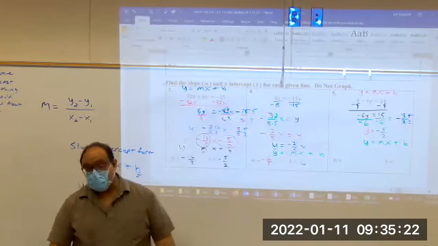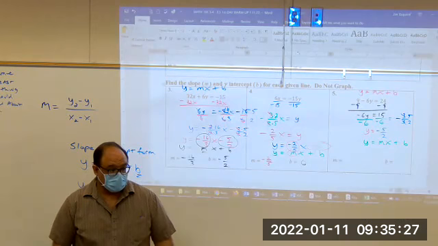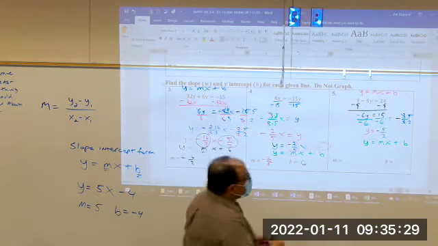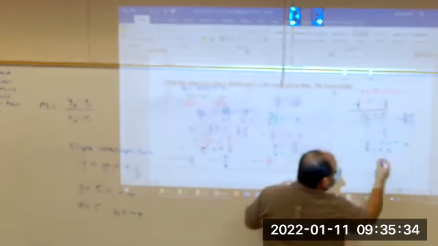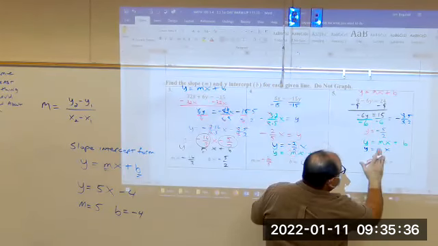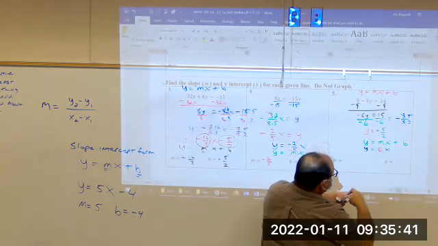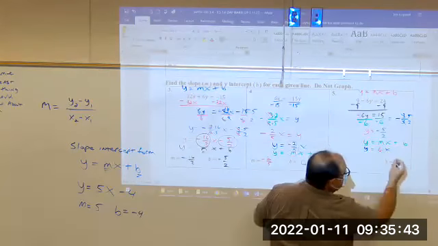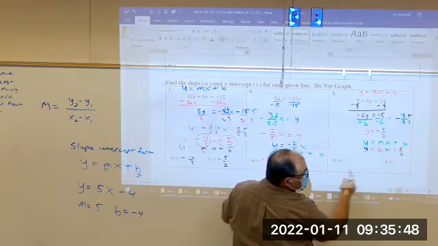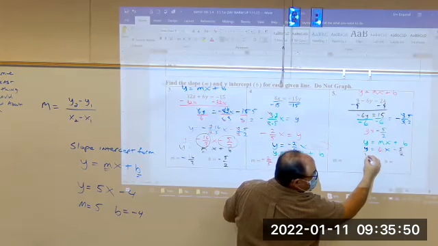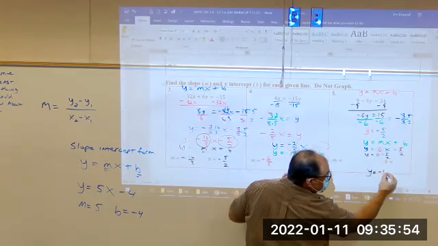You add 0, nothing happens, and multiply by 0, everything goes to 0. This right here is actually y equals 0 times x, and then you have minus 5 over 2. That's what this is. 0 times x is 0, minus 5 over 2, and that's how you end up with just negative 5 over 2.